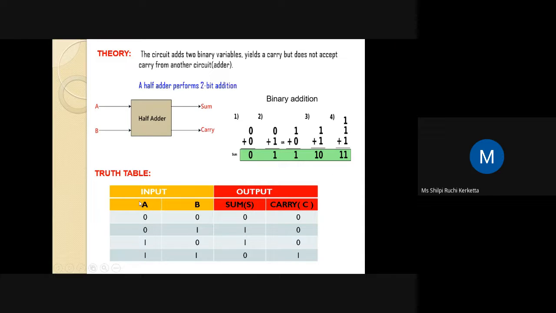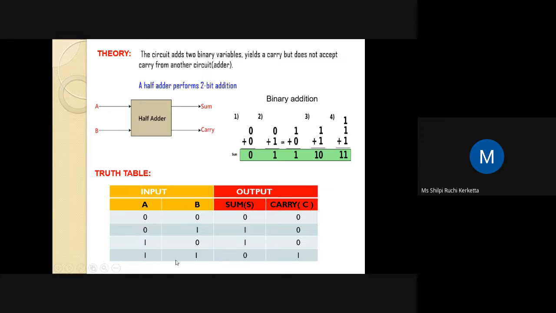So here are the inputs A and B. If we add 0 plus 0, we get a sum of 0 and a carry of 0. If we add 0 plus 1, we get a sum of 1, and as there is no carry, we write 0. If we add 1 plus 0, we get a sum of 1 and a carry 0, because there is no digit here.